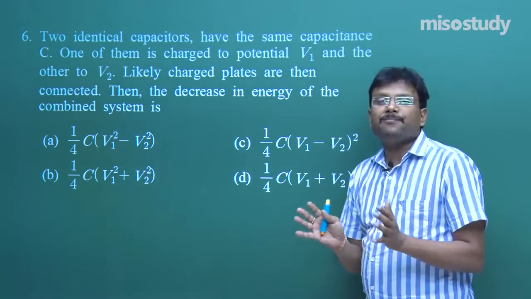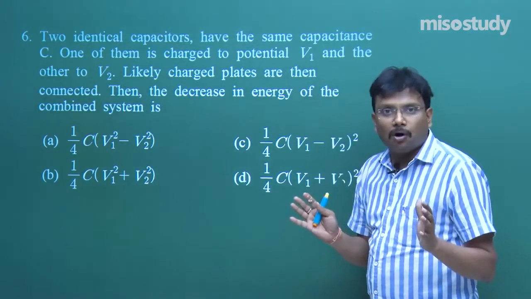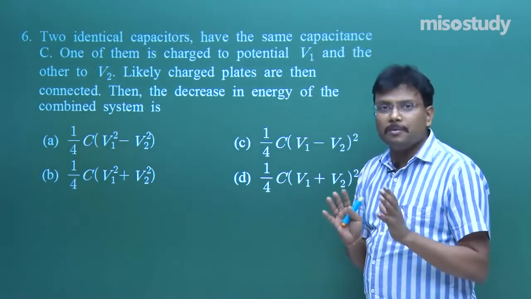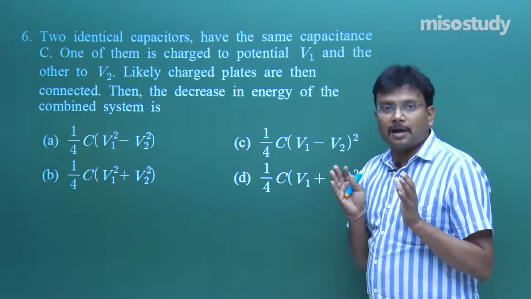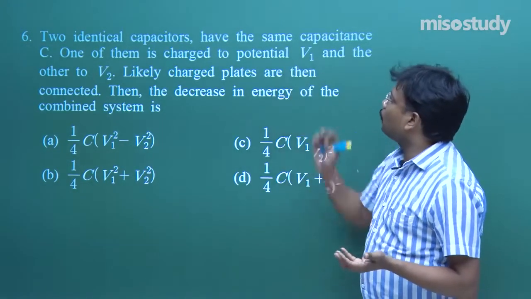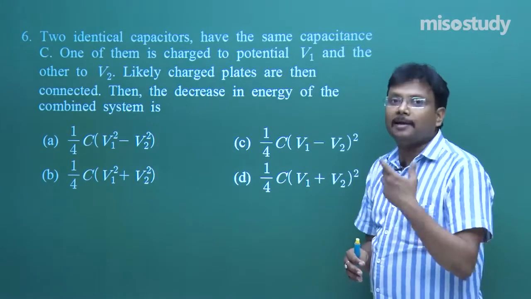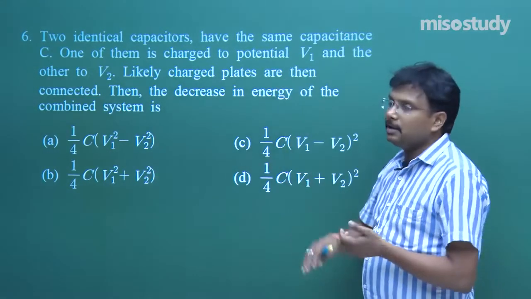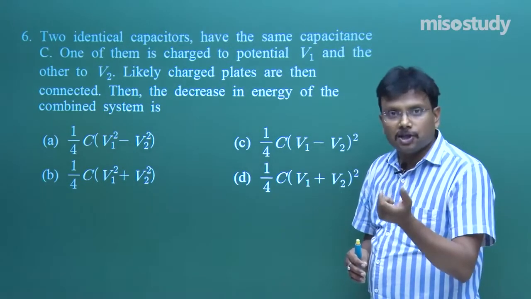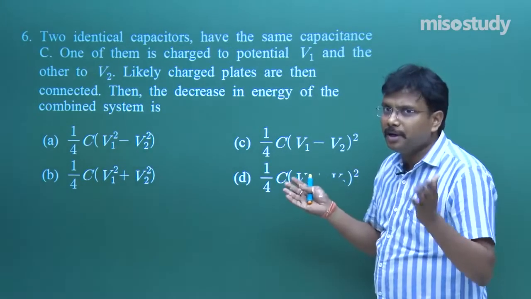Initially the charge was 0 on the capacitors. Two equal capacitors, meaning the same capacity, are connected to potential sources. One is charged with potential V1, the other with V2. Accordingly, both develop some charge accumulation, and obviously it is going to be different.